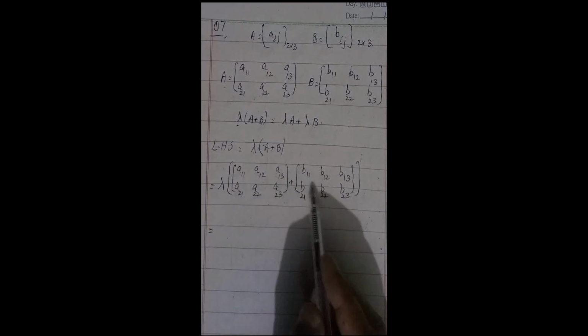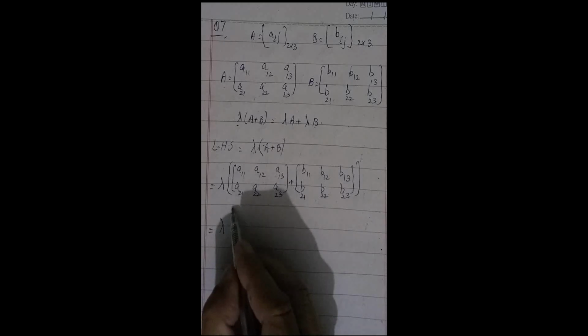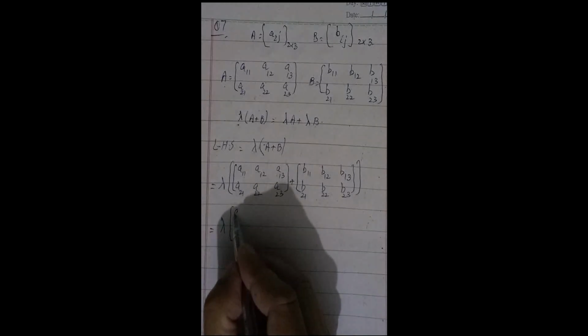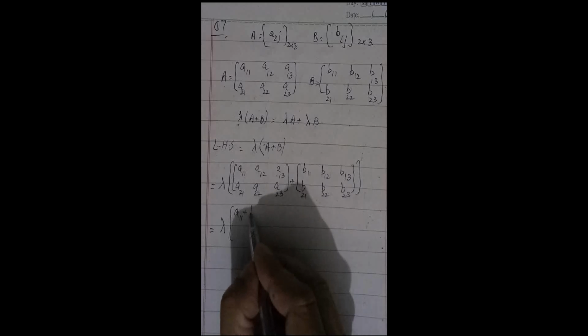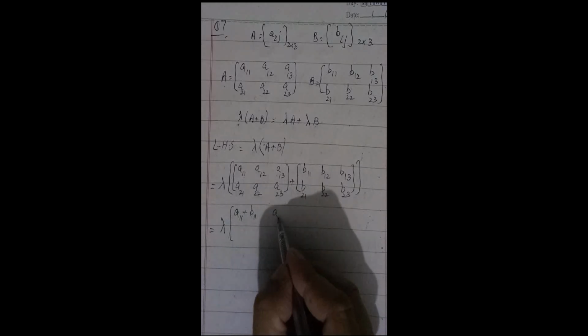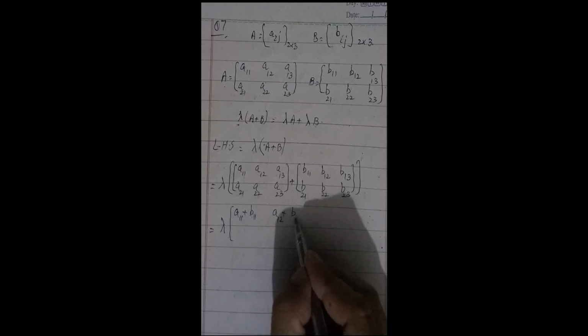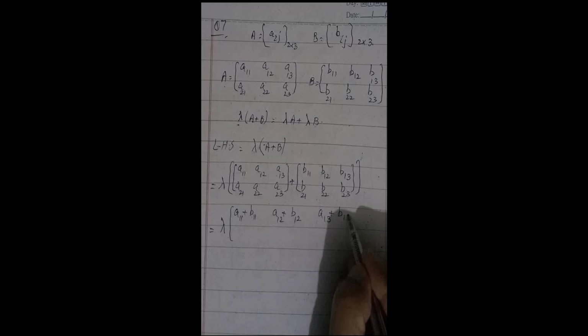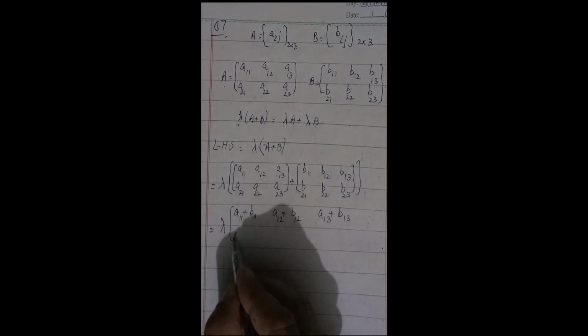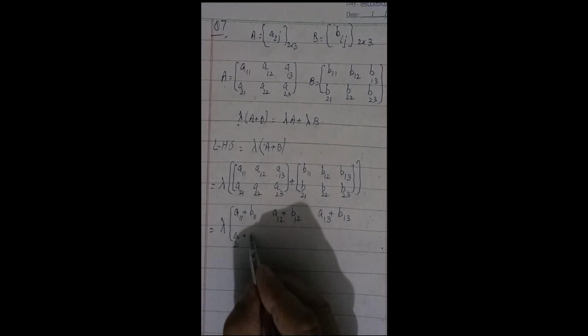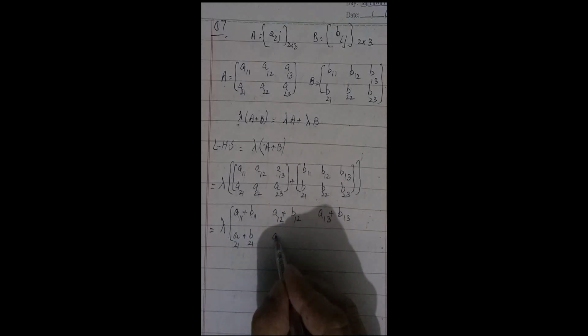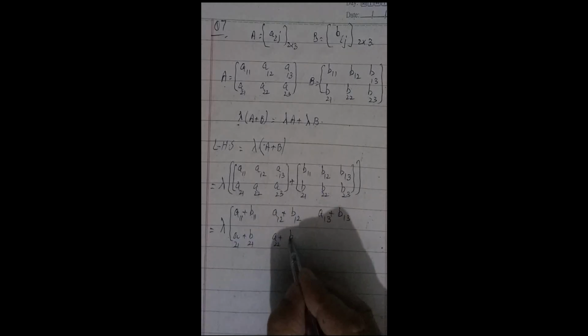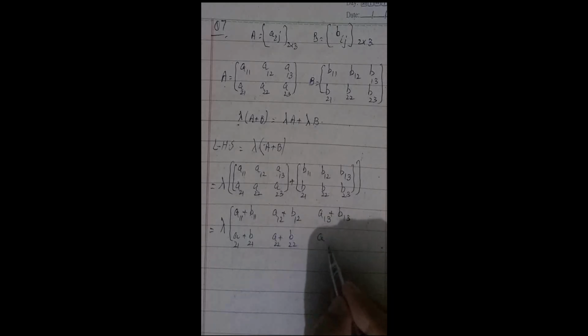Now first we add matrix A and matrix B. We get A11 plus B11, A12 plus B12, A13 plus B13, and in the second row we add A21 plus B21, A22 plus B22, A23 plus B23.